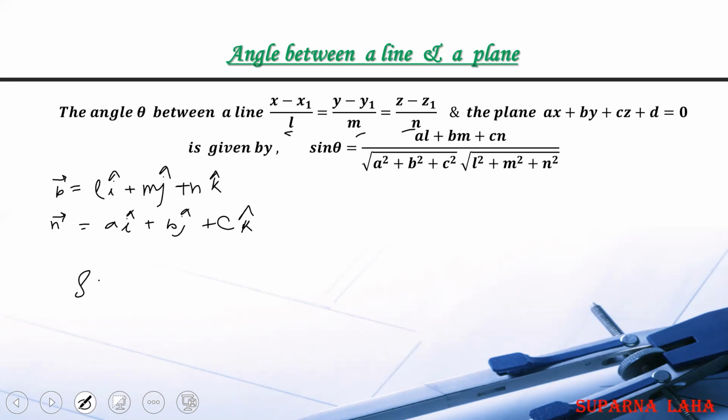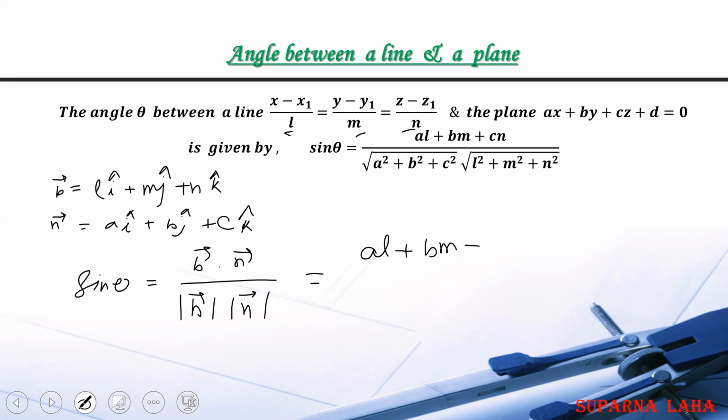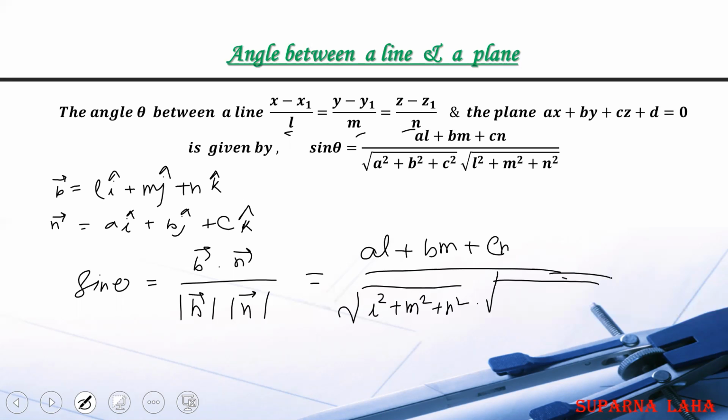And sine theta equals vector b dot product with vector n upon modulus of vector b into modulus of vector n, and theta is the angle between the line and the plane. So the dot product means just al plus bm plus cn upon the mod values, that is under root l square plus m square plus n square into root a square plus b square plus c square.